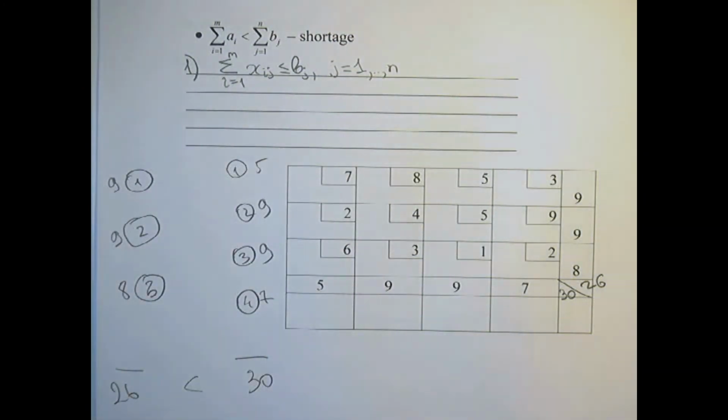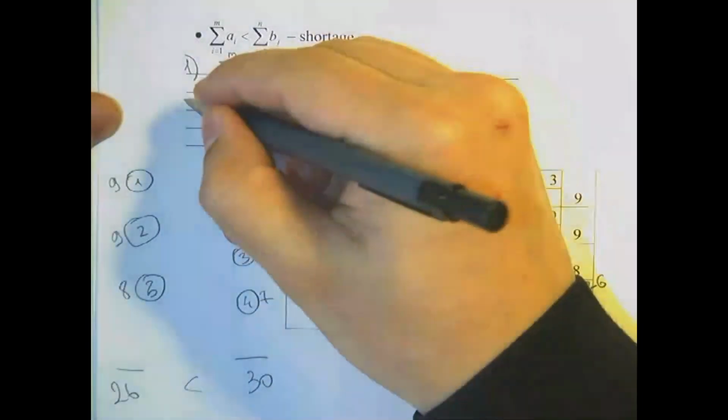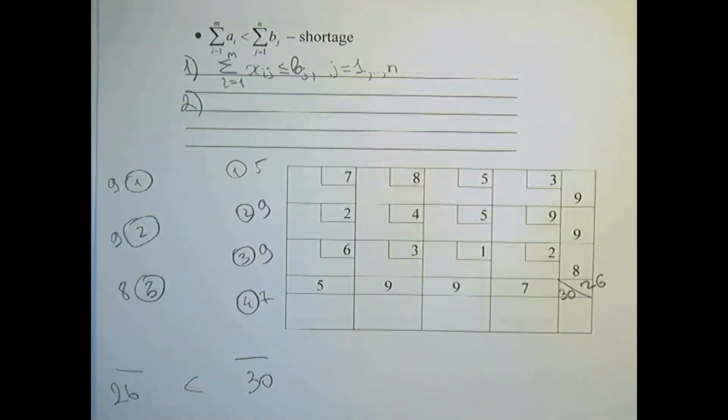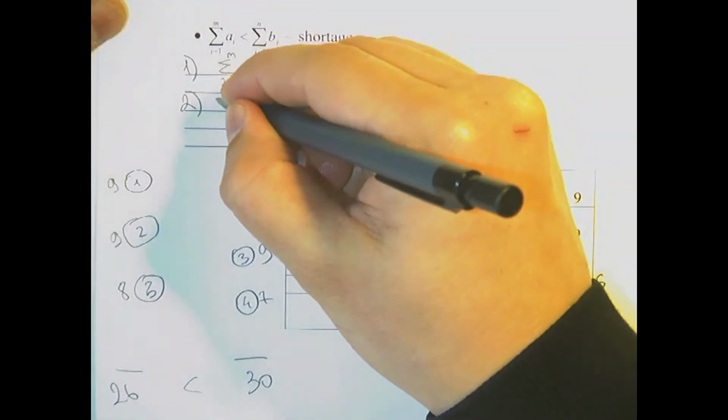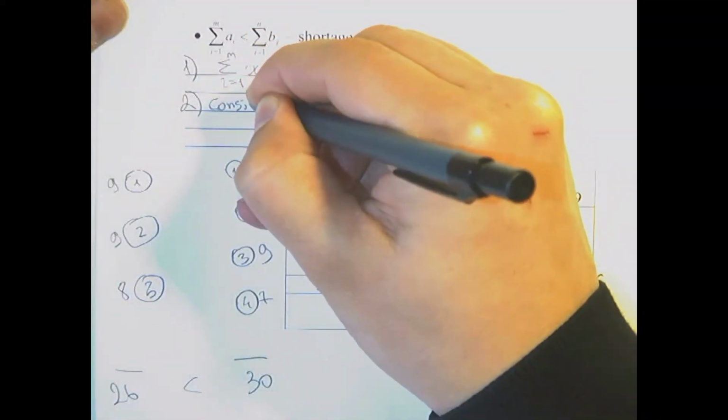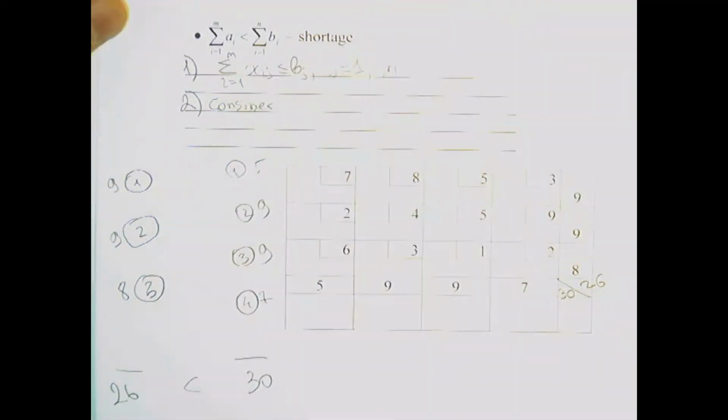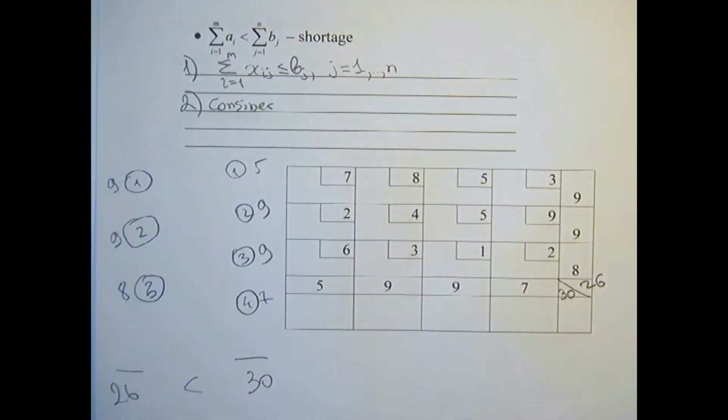And if we do have penalties for unsatisfied demand, we should consider the fictitious supplier. Once again, in the same fashion, consider a fictitious supplier.